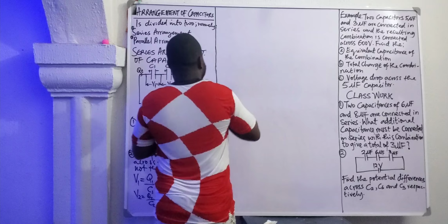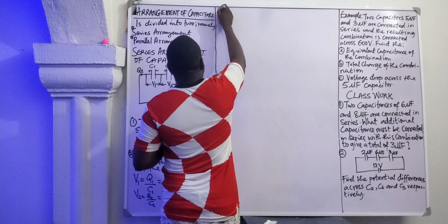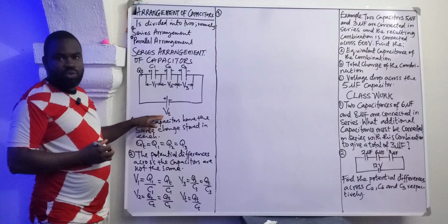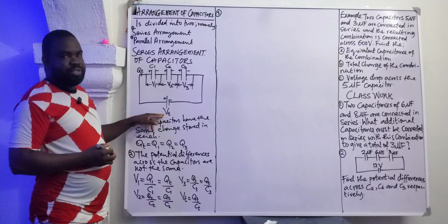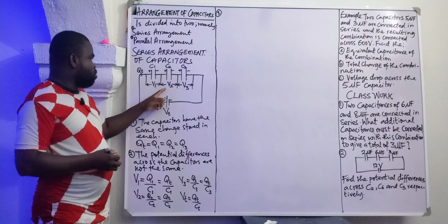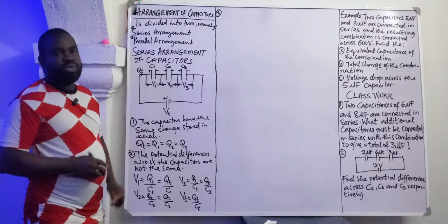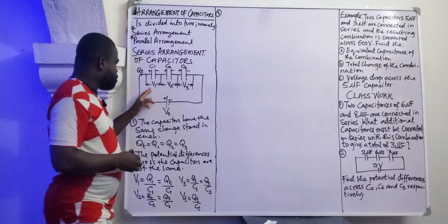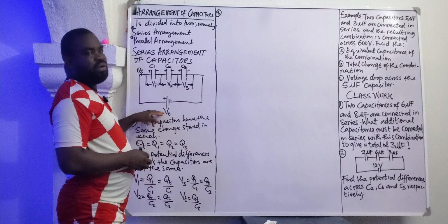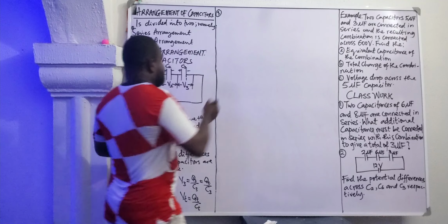Now, another point you need to know is that the total voltage from the battery, from the source, is equal to the individual voltage drops added together. So the sum of the individual voltages equals the total voltage.